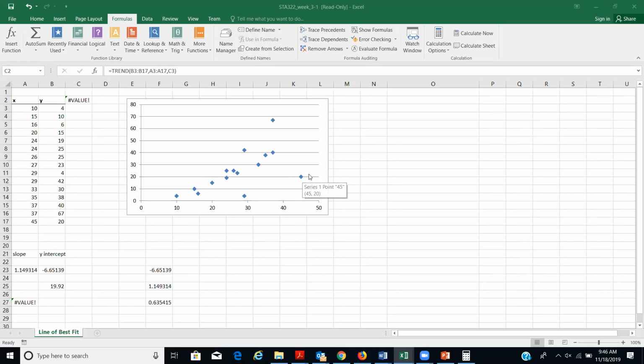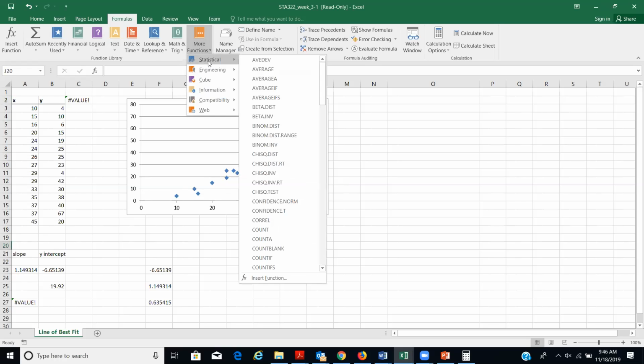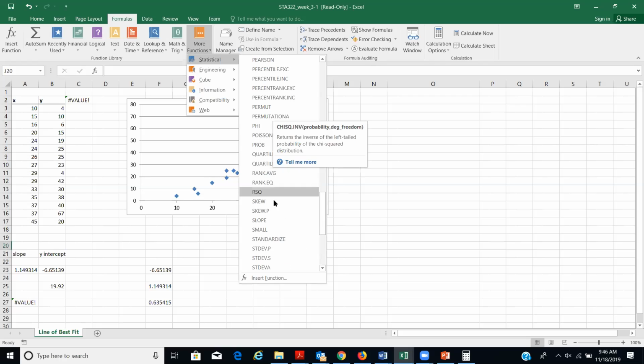Okay. So I've got the slope here that I calculated, but we'll go through that calculation and I'm going to put it in this particular box right here. So we go to more functions, which is where we find the statistical functions. And we scroll down to slope.